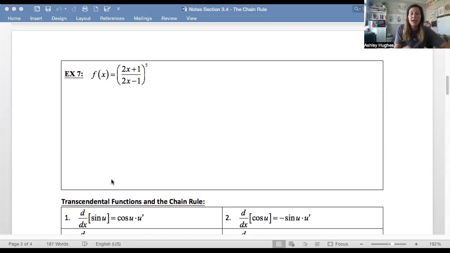Okay, this one we have the chain rule first because it's the outside function. You have to peel back the layer. Another way of thinking about the chain rule is layers of an onion that you're peeling back. So you're going to peel back this first layer, and then the inside part is where you have a fraction. And so then you're going to have to do the quotient rule.